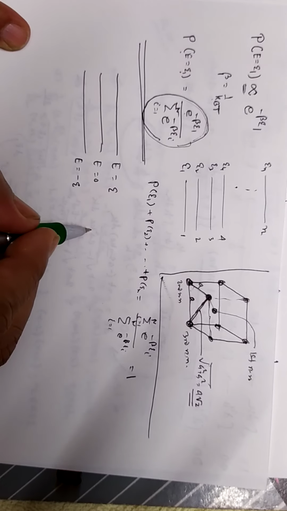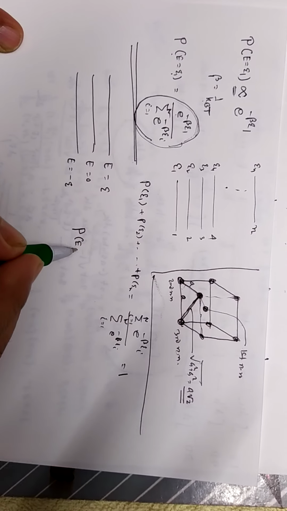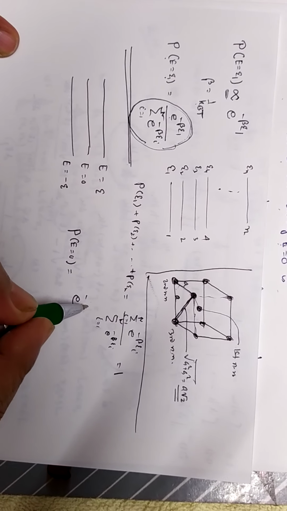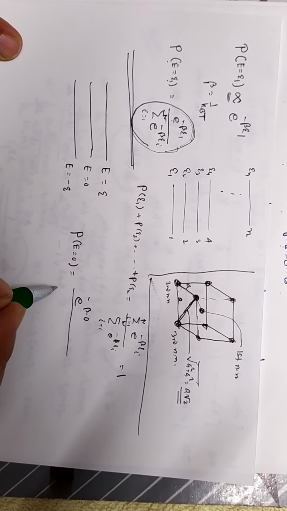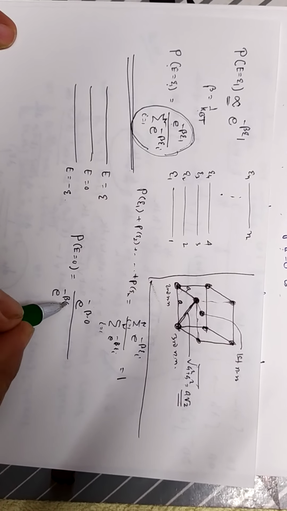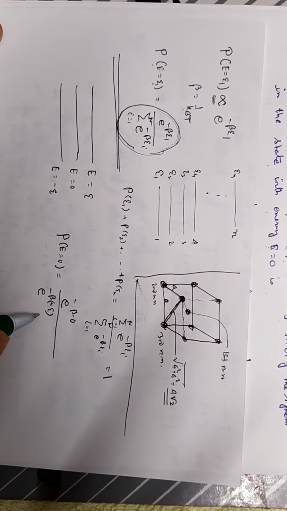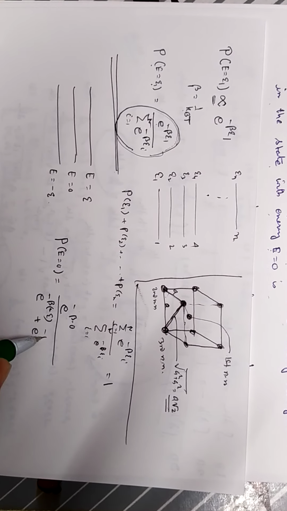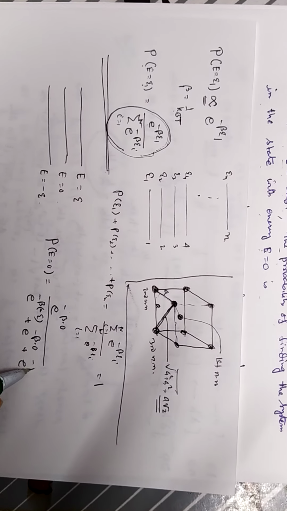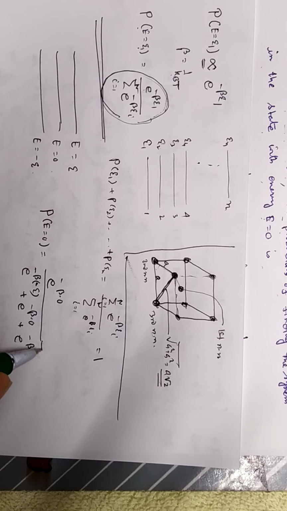And I'm asking what is the probability that the system would be at E equals 0. Then obviously it should be e to the power minus beta into 0 over e to the power minus beta into minus epsilon, plus e to the power minus beta into 0, this energy level, plus e to the power minus beta epsilon, right?